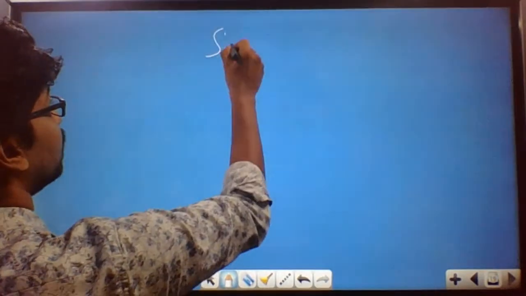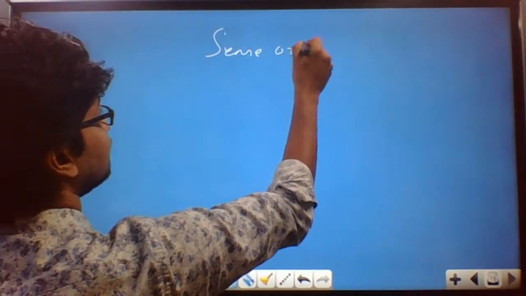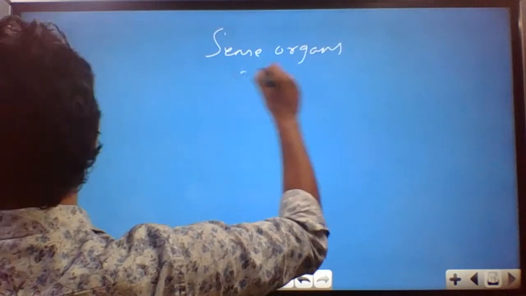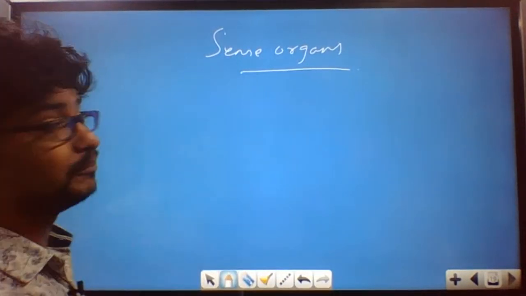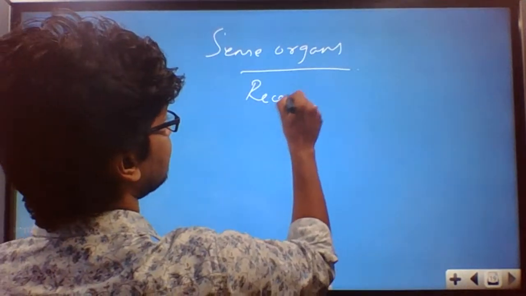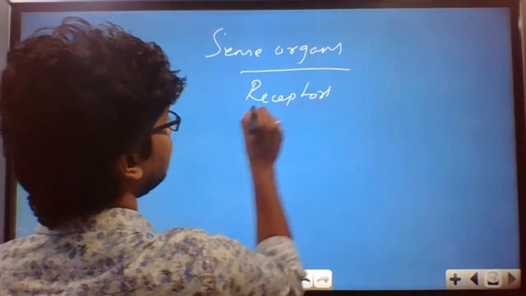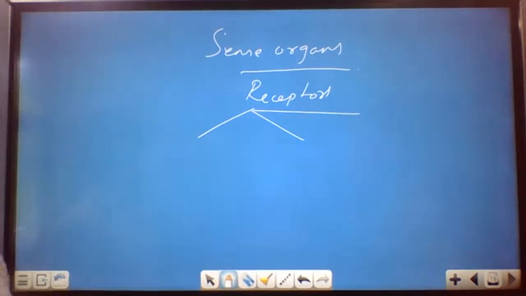Coming to our sense organs, we are discussing receptors. There are three important types of receptors that we're going to discuss.